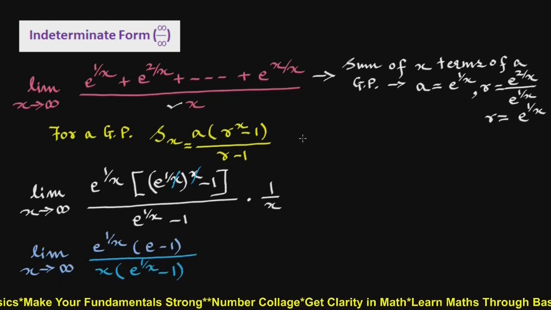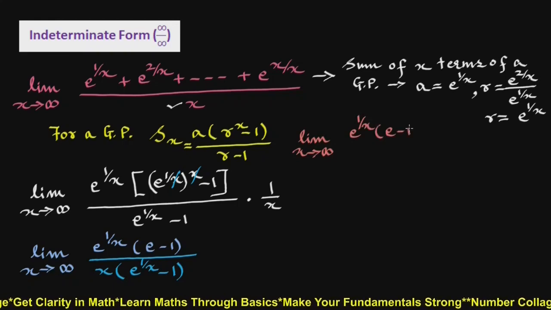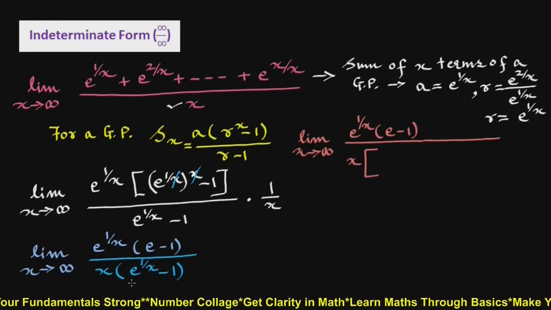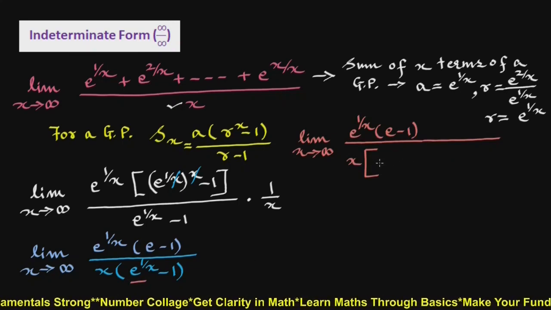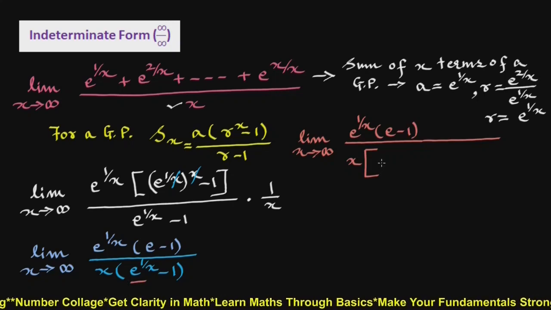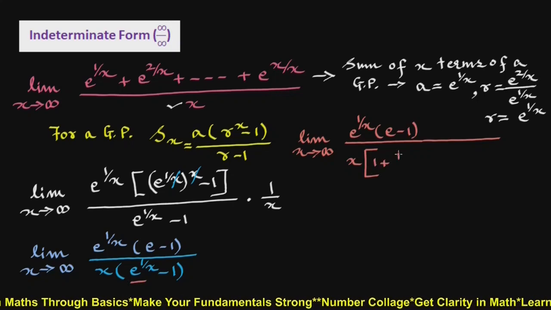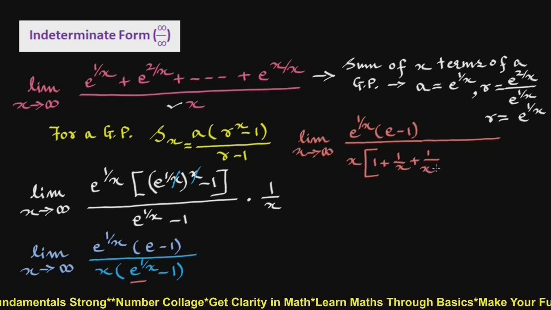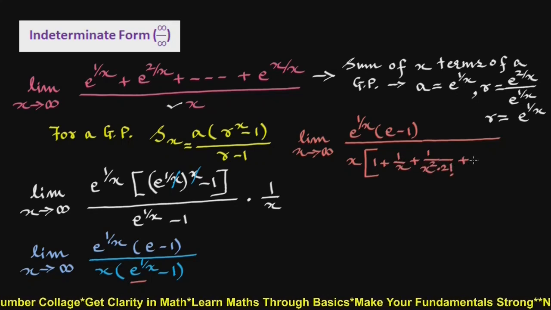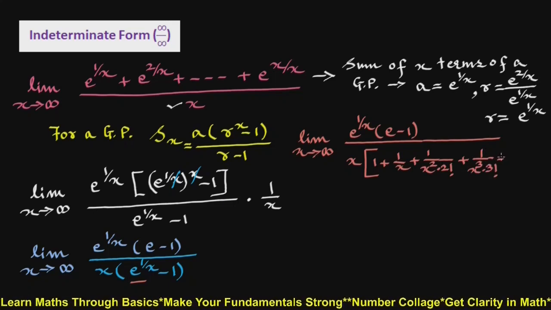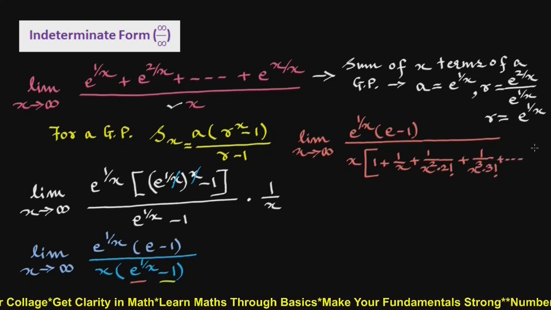This will be e raised to 1 upon x into e minus 1 upon x into, for this e raised to 1 upon x, we will write the expansion of e raised to 1 upon x, that will be 1 plus 1 upon x plus 1 upon x square into 2 factorial plus 1 upon x cube into 3 factorial plus so on and so forth, minus this minus 1.